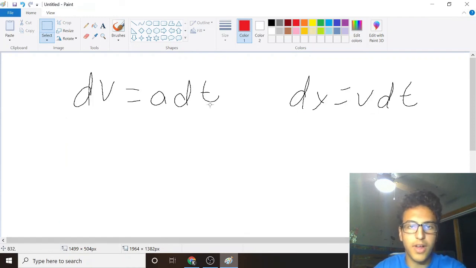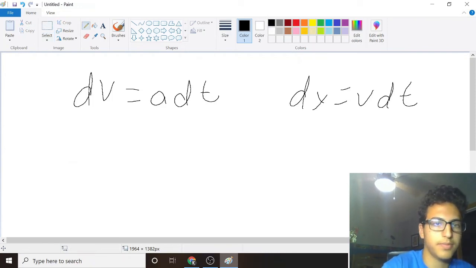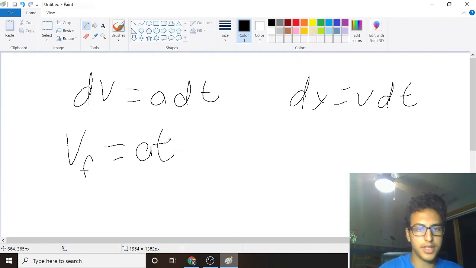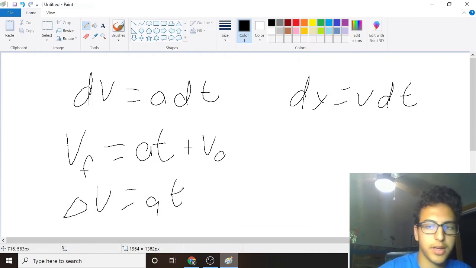And so we can evaluate this using calculus, and we'll see that if we add up all the small changes in velocity, and we add up all the small changes for the values of acceleration in time, we'll get that a final velocity will be equal to acceleration times the time it was under acceleration plus the initial velocity. Or what can we do? We can subtract the initial velocity, and we see that the change in velocity is equal to acceleration times time.